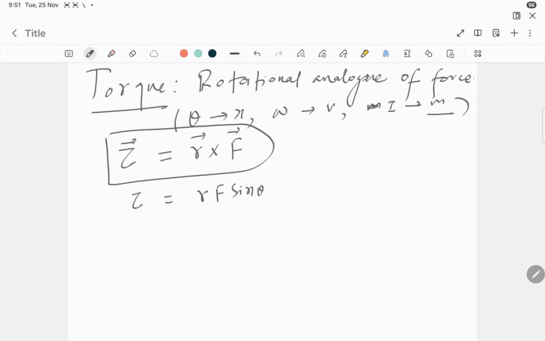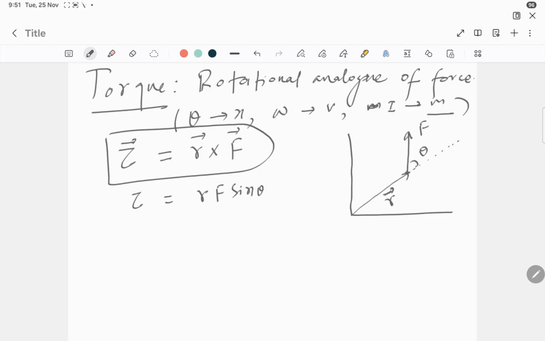This can be picturized as, suppose this is some point where some force is acting. Suppose the position vector of the point of application of force is r, and this is the force F. The angle between the force and the position vector is theta.